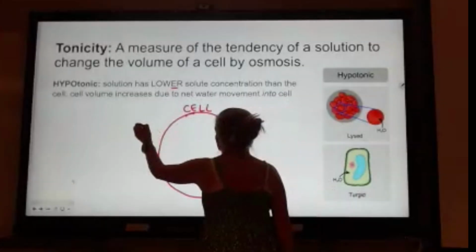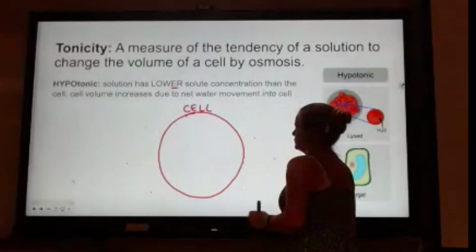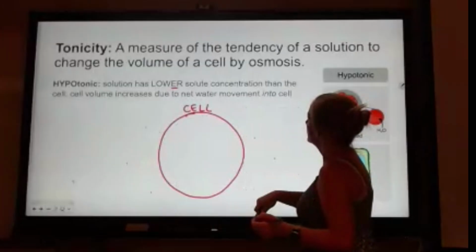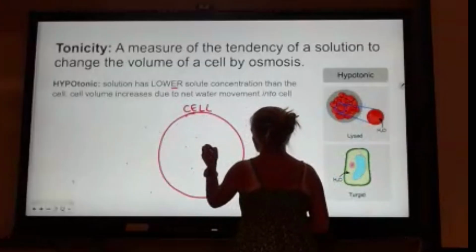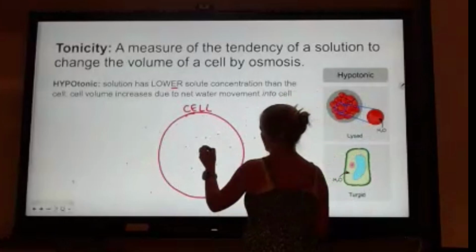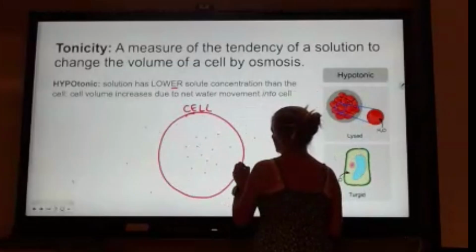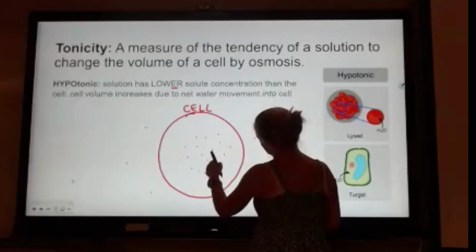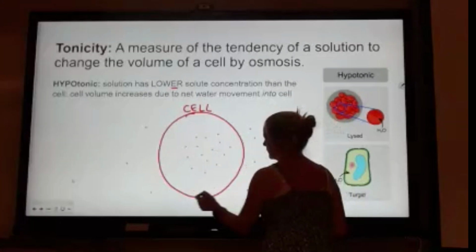The concentration of solutes outside the cell is going to be lower than inside the cell. So that means that we're going to have, let's see, let's make that 5 water molecules.